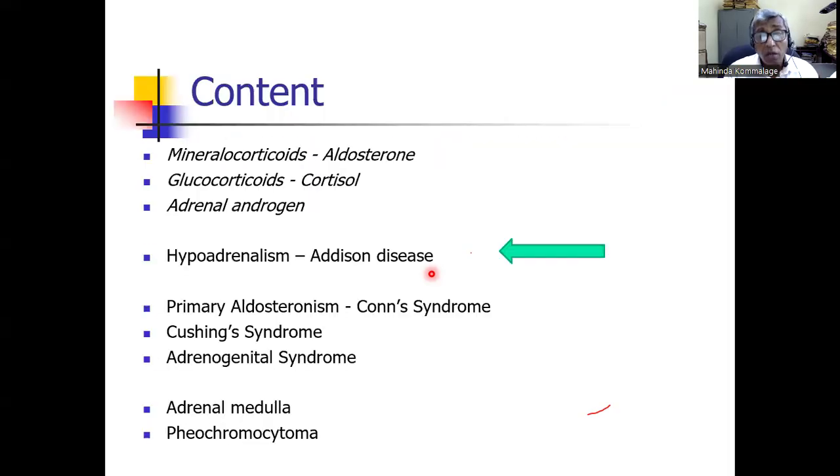So now I have discussed aldosterone, cortisol, and adrenal androgen very briefly. Now I move to a disease condition related to the adrenocortical hormones.